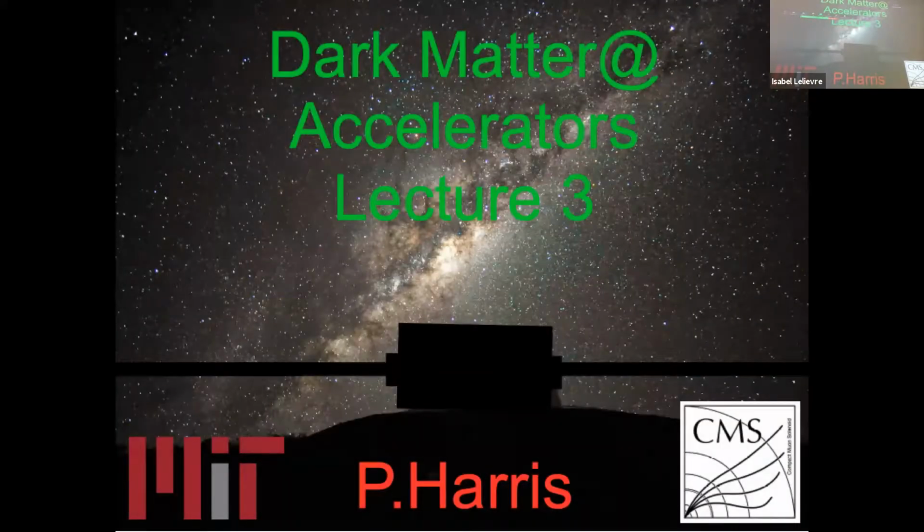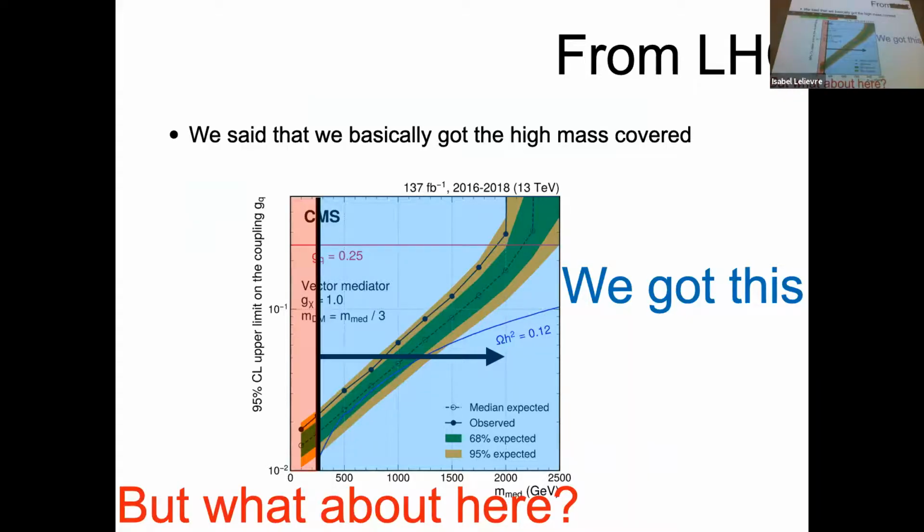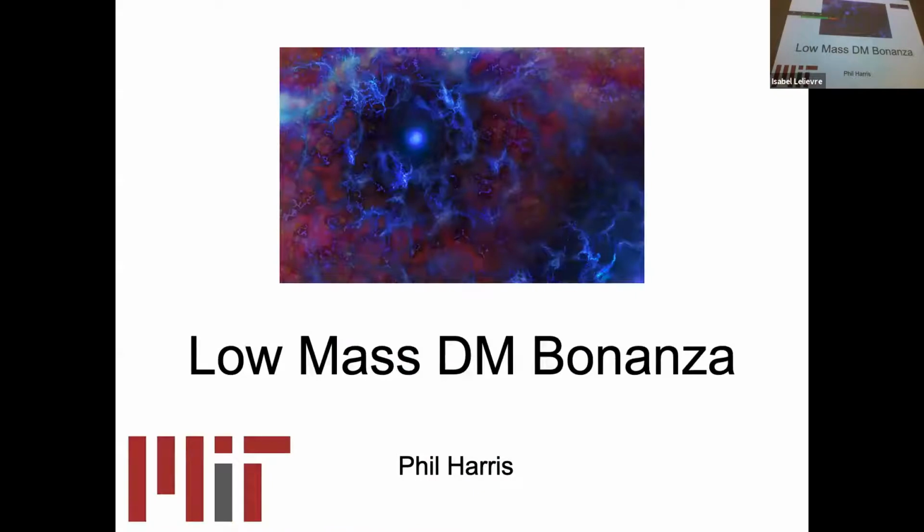All right. Now I want to talk about low mass dark matter. So we already did the high mass. So what about the low mass? Oh yeah, it's really annoying.